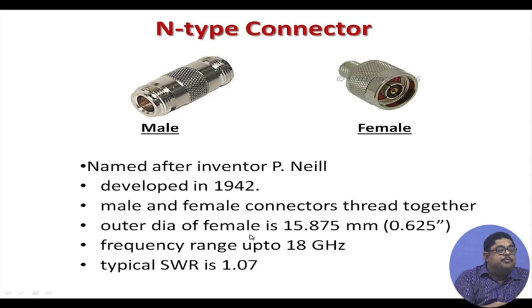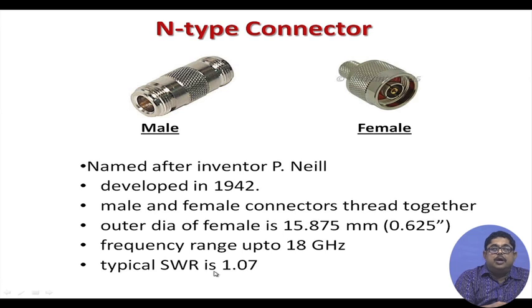Obviously you see the outer dia of female is more because it fits there. So, generally for all these coaxial connectors, their diameter is specified for female. Outer conductor dia of female was 0.625 inch or roughly 15 millimeter. Frequency range up to 18 gigahertz.